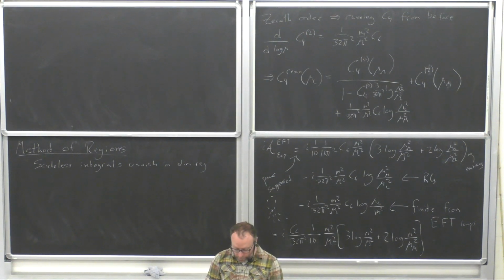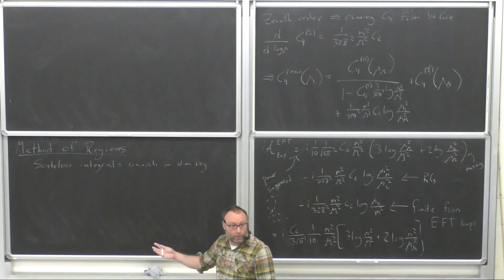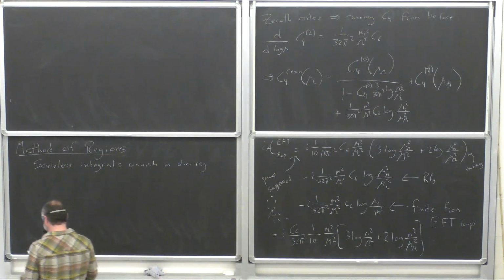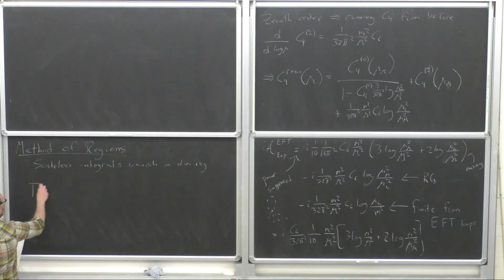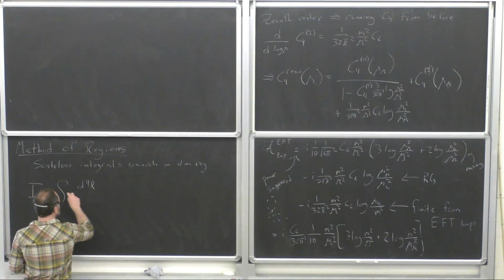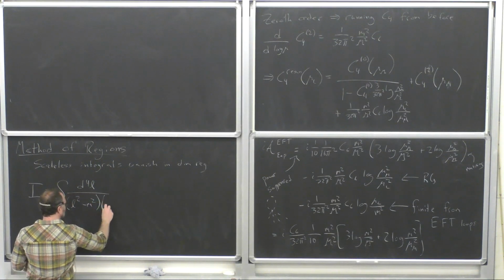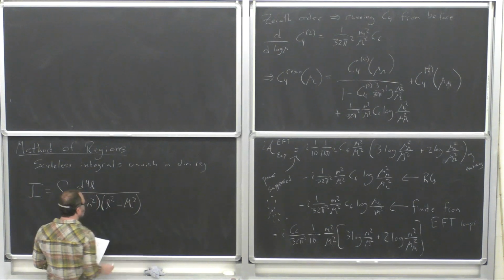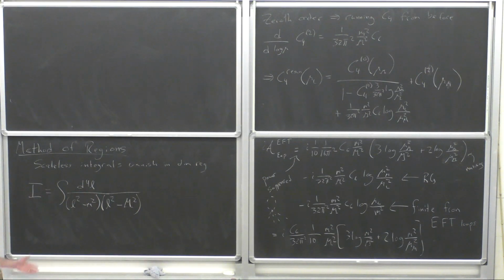Let me work through the example, and then we can talk about it, to make sure the concept makes sense. So let's take this integral I, our new friend, the heavy light integral.